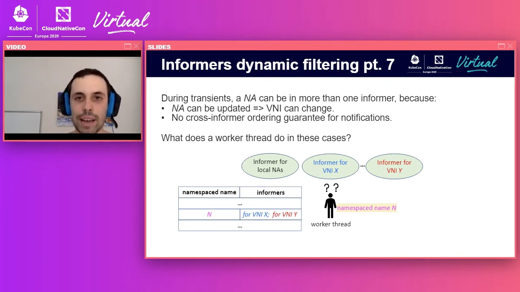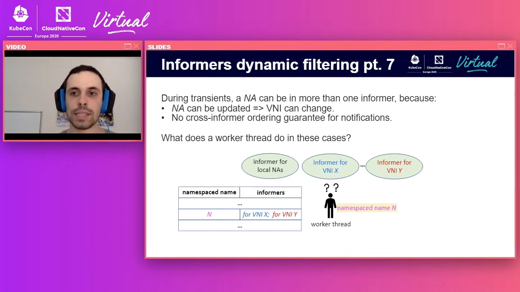And then when the VNI of the network attachment changes from X to Y, there will be 2 notifications. First, there will be a delete notification for the network attachment at the informer for VNI X that will remove the network attachment from that informer cache, because X is no longer the VNI of our network attachment. And then there will be a creation notification at the informer for VNI Y, which adds the network attachment to the cache of that informer, because that's the new VNI of the network attachment.